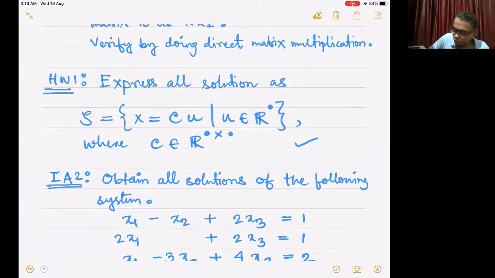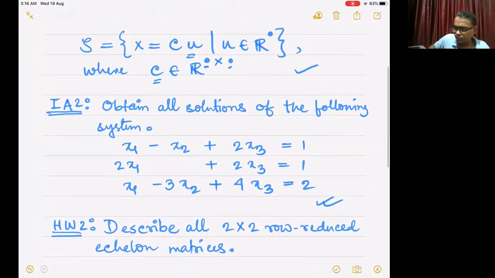In this case, the free variables u would be of size just 1, because we had only one independent variable. And this R will be a matrix of size 1 column and 4 rows because there were 4 variables. So try and find this matrix and do this description. If you face any difficulty, of course, let me know, but try this out.